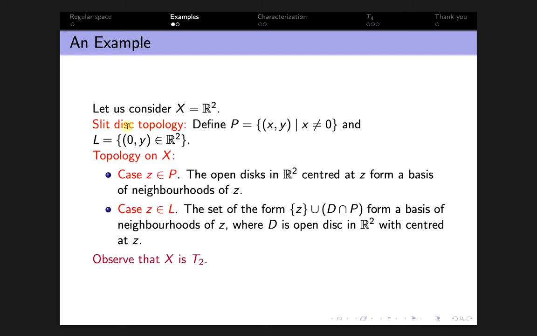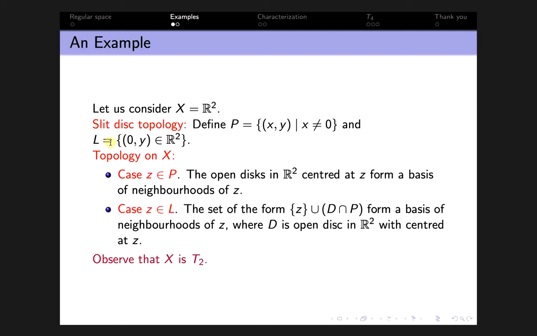Okay. So to define the topology, consider P equal to the set of all points (x, y) such that x is not equal to 0. That is, P is equal to R2 minus the y axis. Okay, and also we define L equal to the set of points (0, y) in R2. That is, L is equal to the y axis.